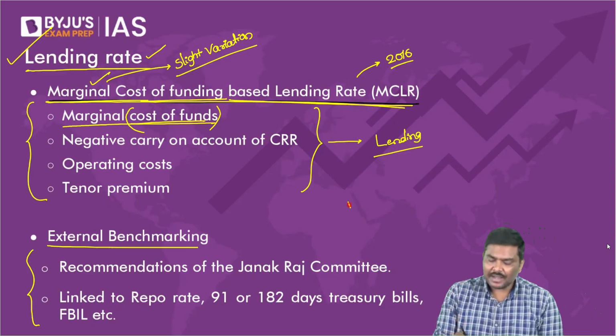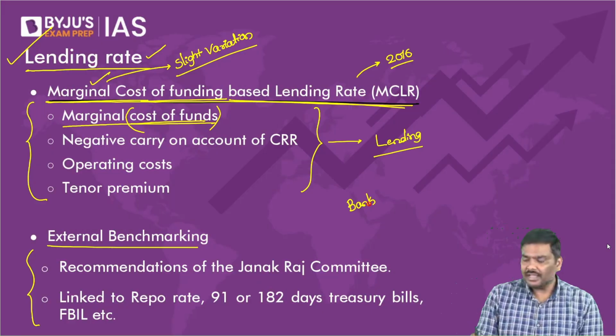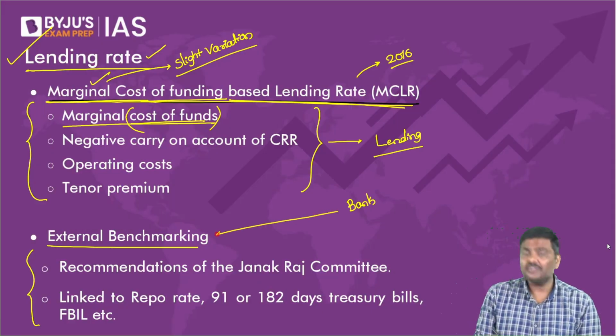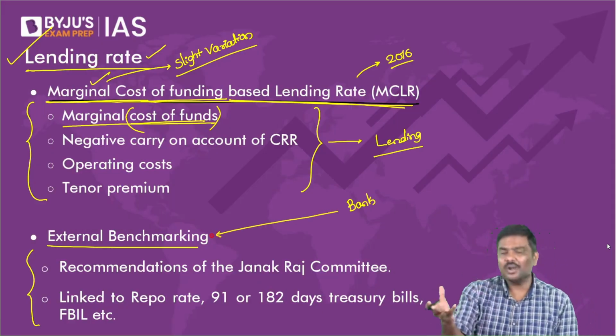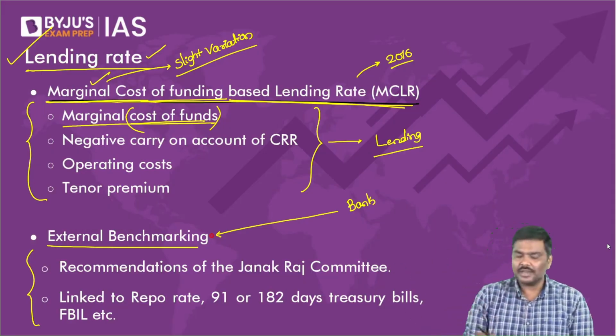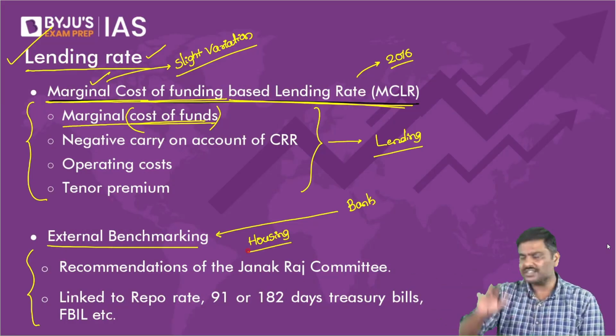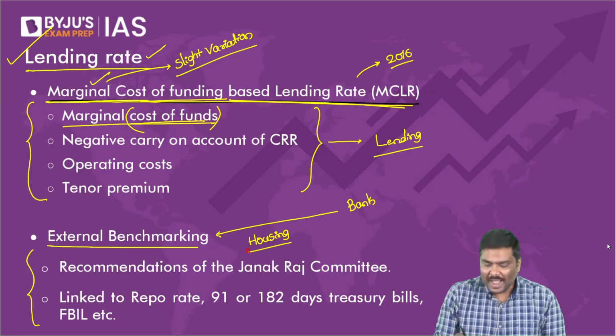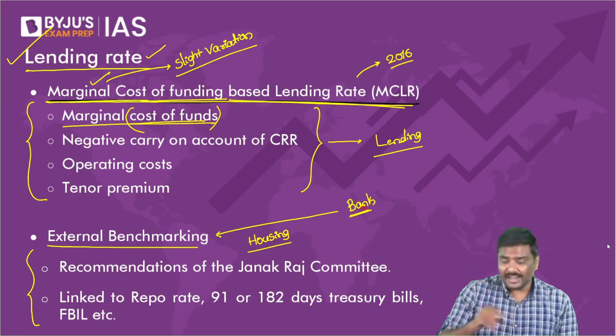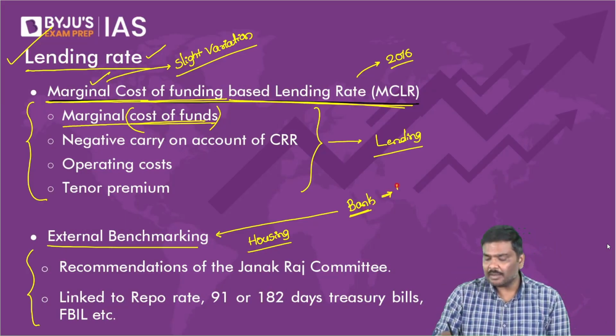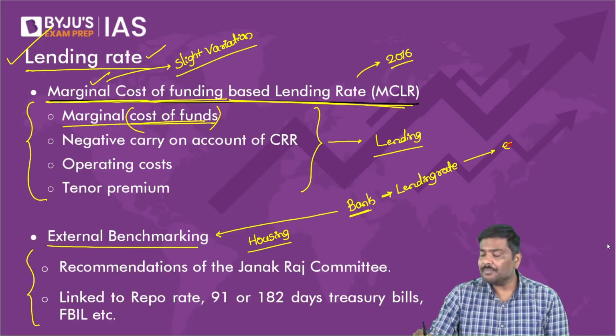Imagine here is a bank. This bank is giving a loan under the concept of external benchmarking. If you want to understand an example of external benchmarking, today housing loans are provided under external benchmarking. Now the bank will connect its lending rate to an external parameter.